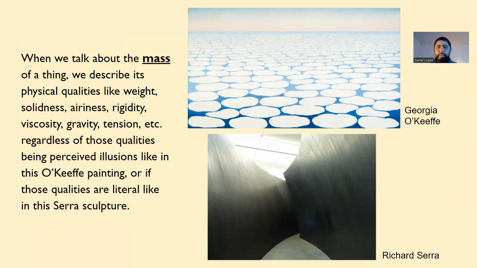For example, look at these two images. Obviously, again, they're two-dimensional. On the bottom, it's a flat 2D photograph of a 3D sculpture, right? On the top, the Georgia O'Keeffe painting, I would say most people see these ice floes or whatever they are as receding into the distance, right?